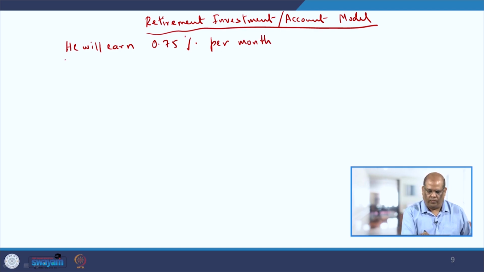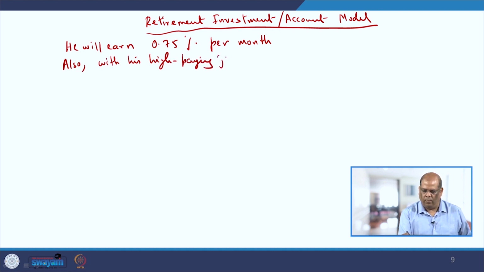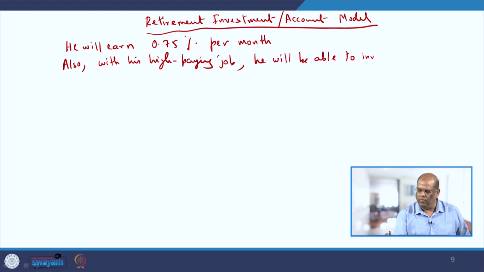Also, with his high paying job, he will be able to invest rupees 20,000 per month.